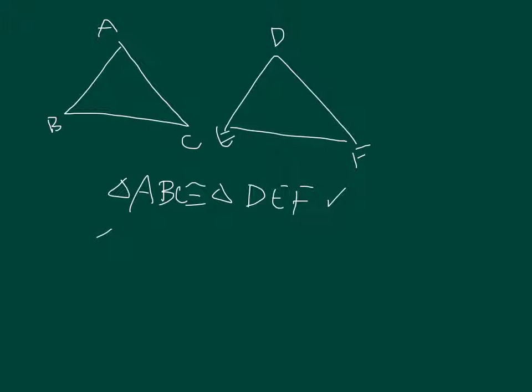But you cannot say triangle ABC is congruent to triangle EDF or something like that, because A corresponds to D and B corresponds to E. Therefore, you have to write ABC, then DEF. That's very annoyingly strict, but you have to follow that rule. Otherwise, it doesn't make sense.